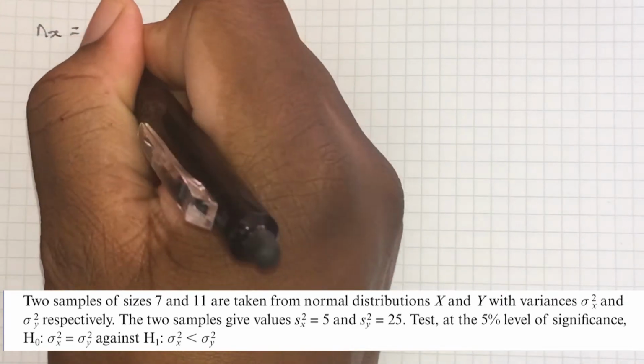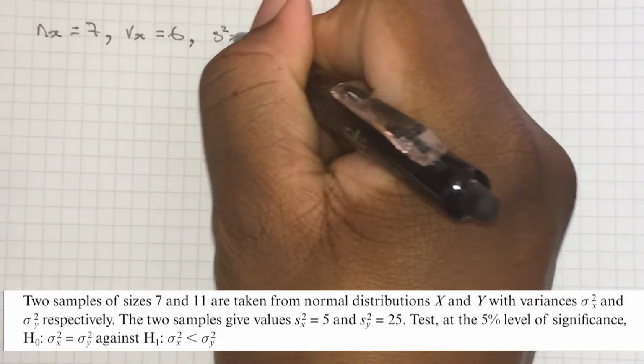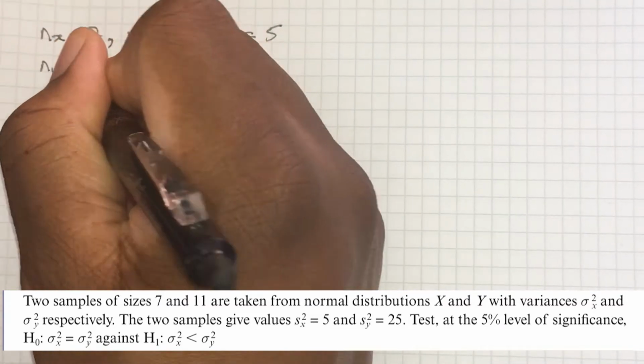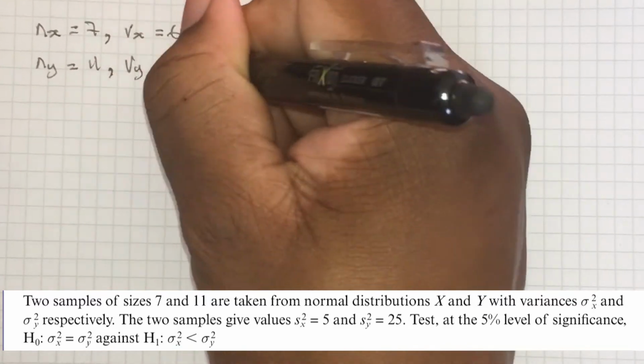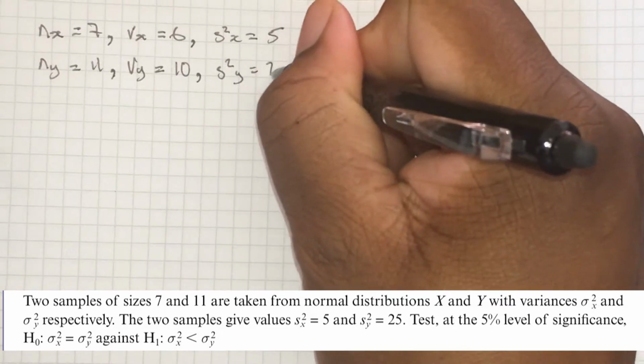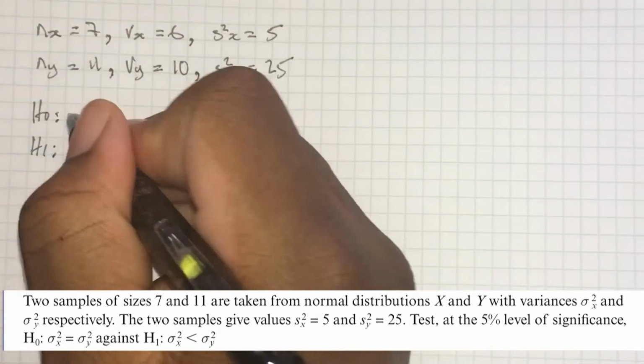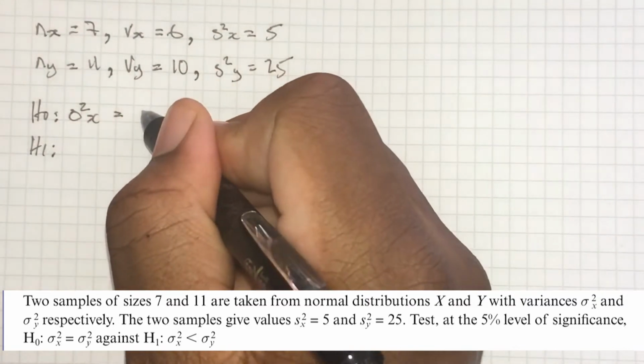Okay, let's have a look at another example. The difference here is that the alternate hypothesis is that the variance for the x distribution is less than the variance for the y distribution. Let's go through our normal steps. We're going to collect all of our variables, which can all be drawn from the context of the question.